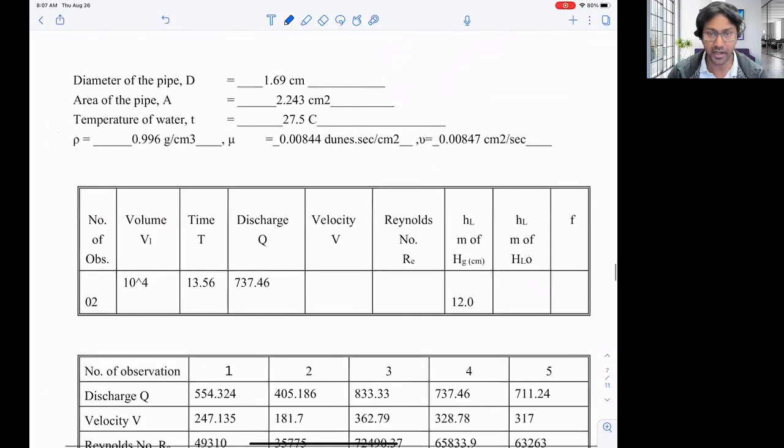So the diameter of the pipe: if you have slide calipers and a section of the pipe, you can easily calculate the diameter. What will be the diameter of the pipe? Is it external or internal? Definitely, since the water is flowing through the pipe, you have to calculate the internal diameter.